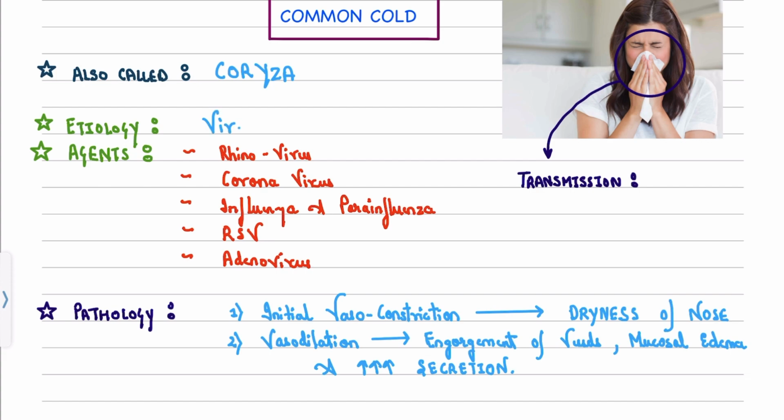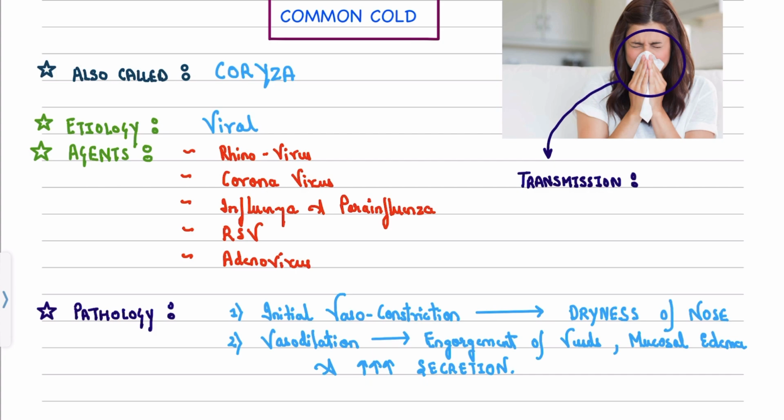What are the viral agents which lead to the causation of common cold? Those are rhinovirus, coronavirus, influenza and parainfluenza viruses. We have respiratory syncytial virus, and finally we have adenovirus. All these are included in the agents which cause common cold.